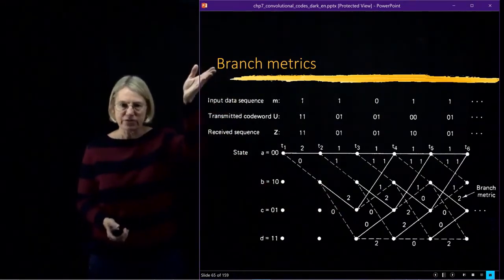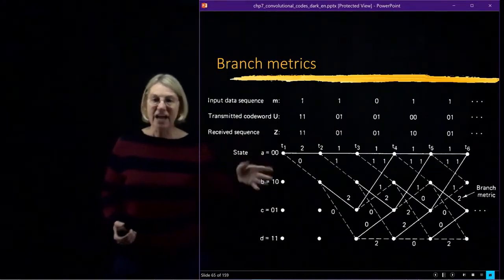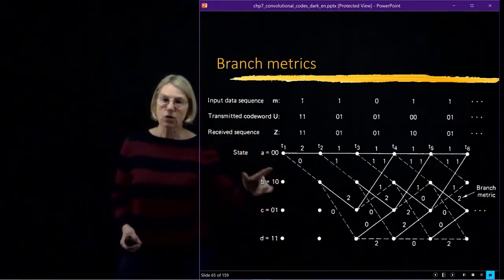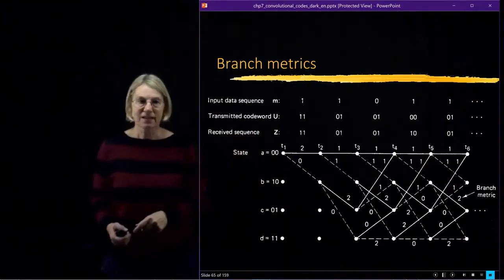These are called branch metrics. Everywhere in our trellis, we're going to be assigning values to all of these transitions, and these are going to be based on what it is we actually received.